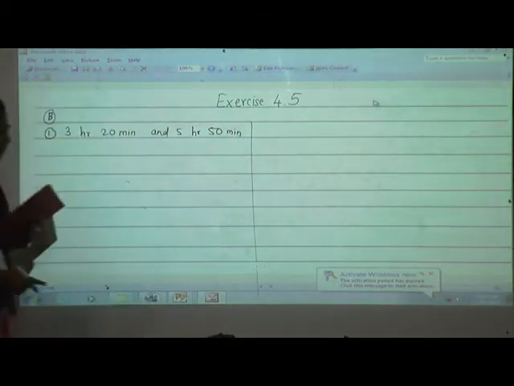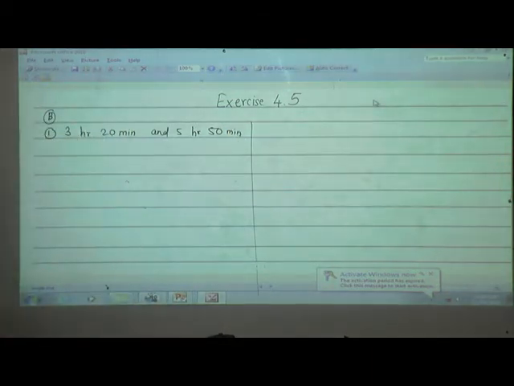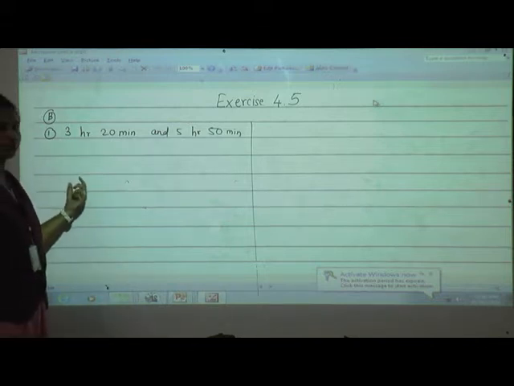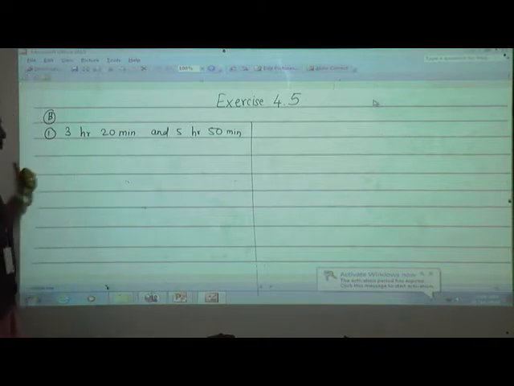Now students, always remember that whenever you see the word difference, you have to do the subtraction. Okay, and while doing the subtraction, keep in your mind always you have to subtract from greater to smaller.